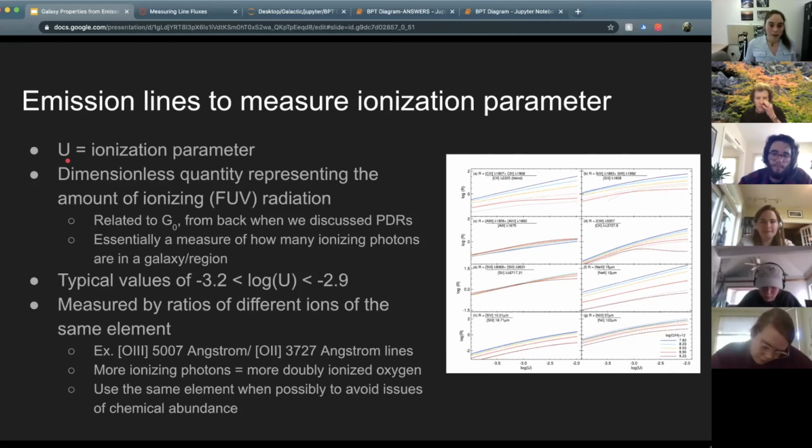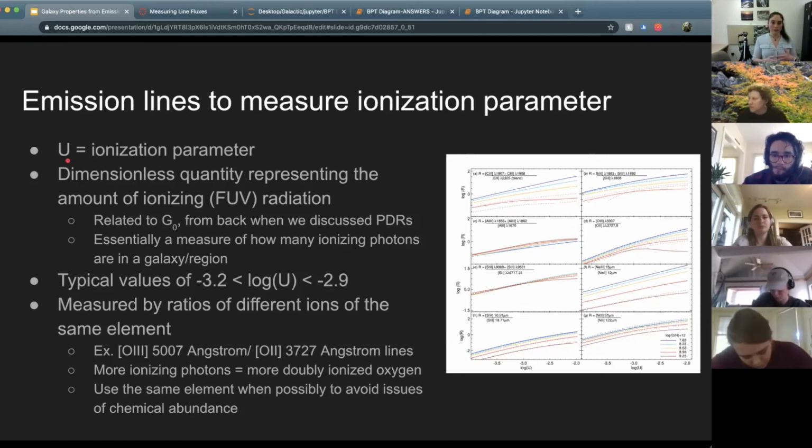It's a value semi-related to G0, which was the amount of ionizing radiation in PDRs, but U is a little bit more general. It's not just for PDRs, it's for galaxies in general. We can get it to be dimensionless by dividing by the amount of FUV radiation around the sun.